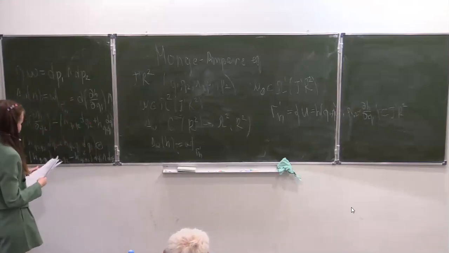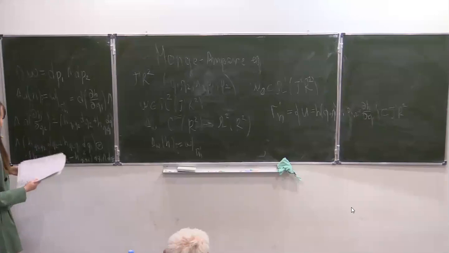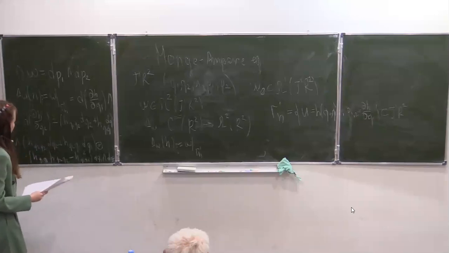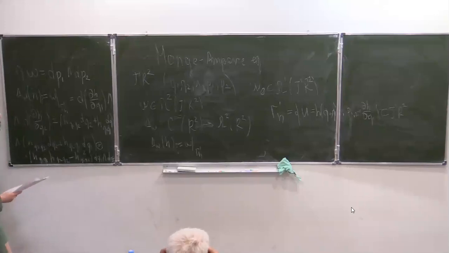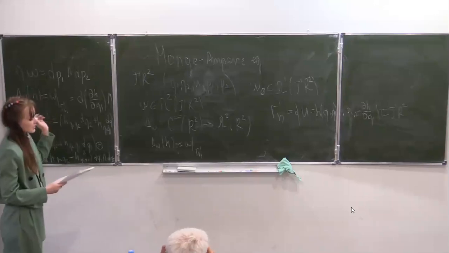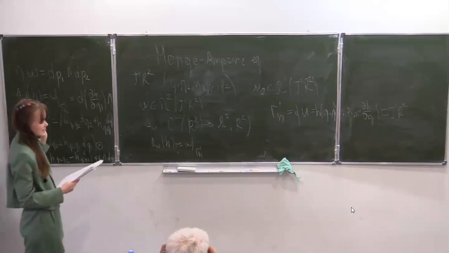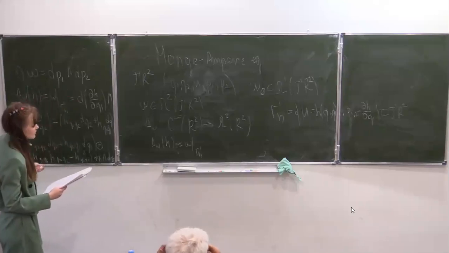So, this is the Monge-Ampere equation: any effective differential two-form on J1 space has the following form.